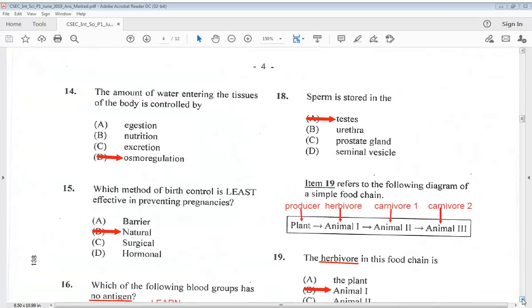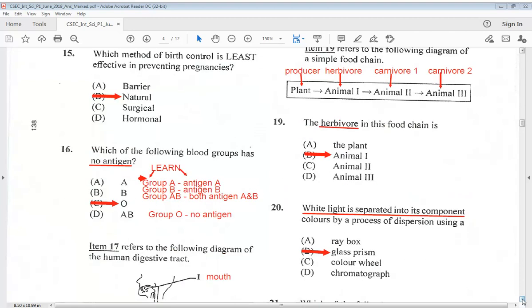14. The amount of water entering the tissues of the body is controlled by? The answer is D, osmoregulation. 15. Which method of birth control is least effective in preventing pregnancies? A. Barrier, B. Natural, C. Surgical, or D. Hormonal? The answer is B, natural. 16.